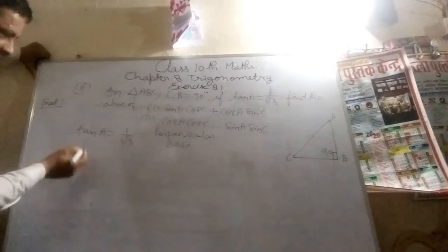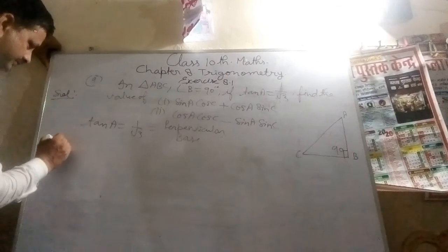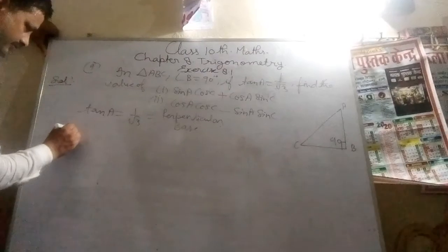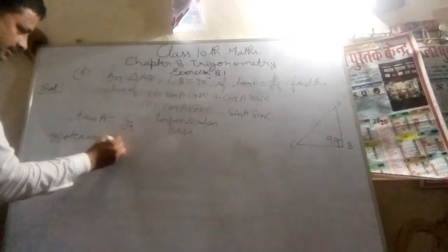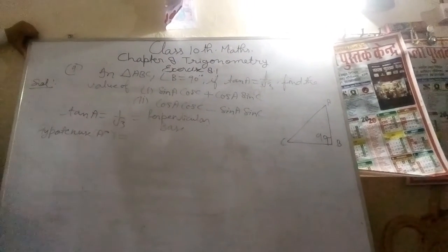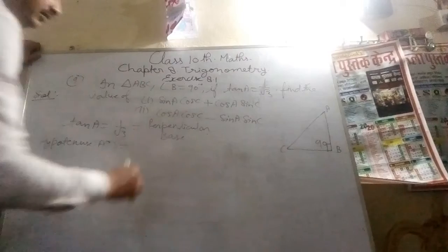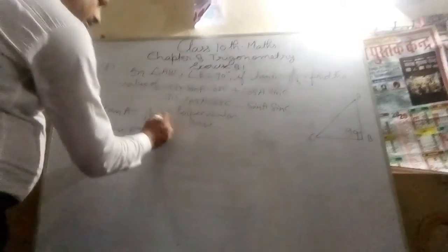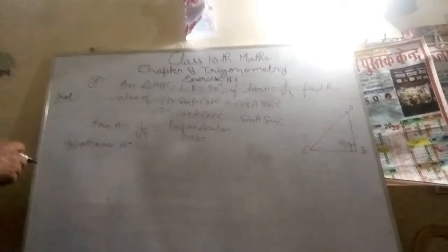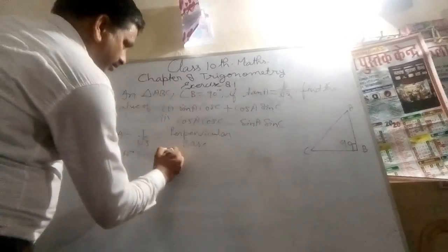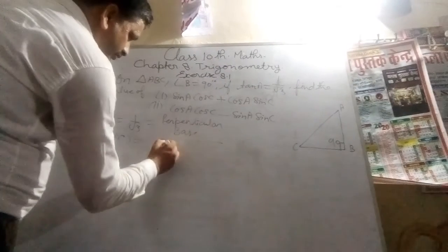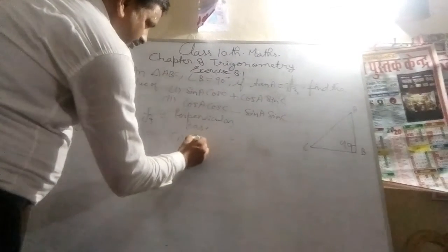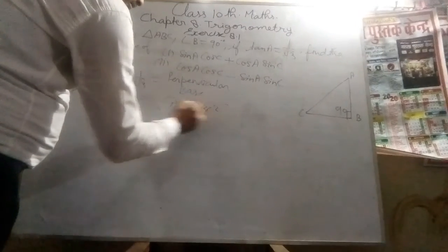Find out hypotenuse AC. AC equal to under root AB square plus BC square.